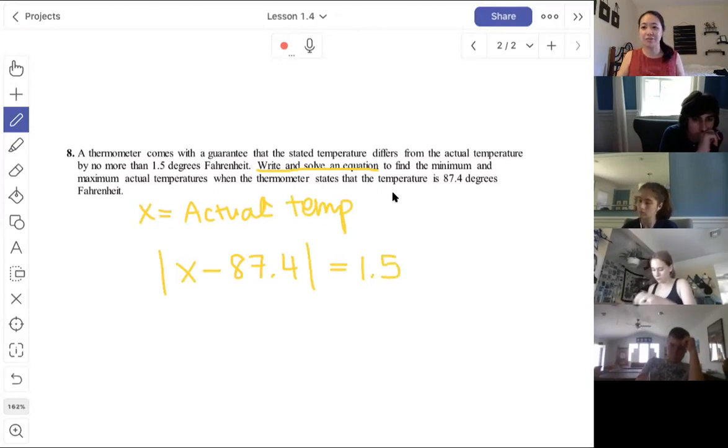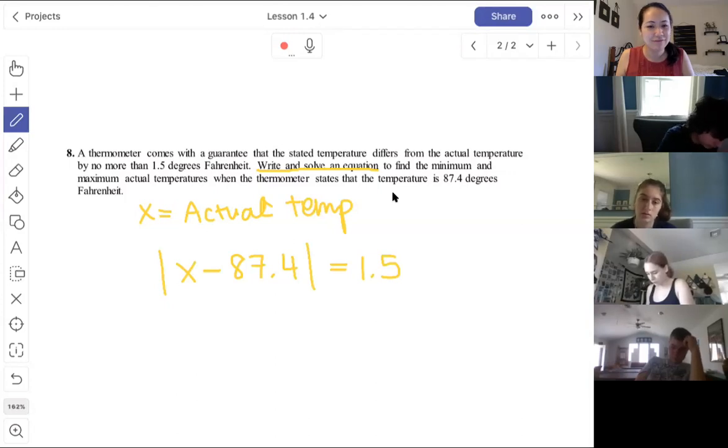Just look up once you're done. All right, did anybody get this one on their own, the equation?